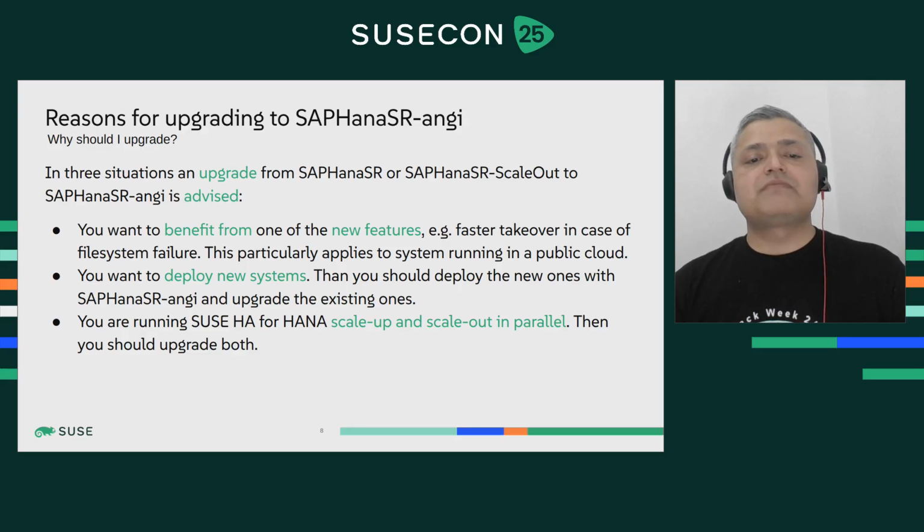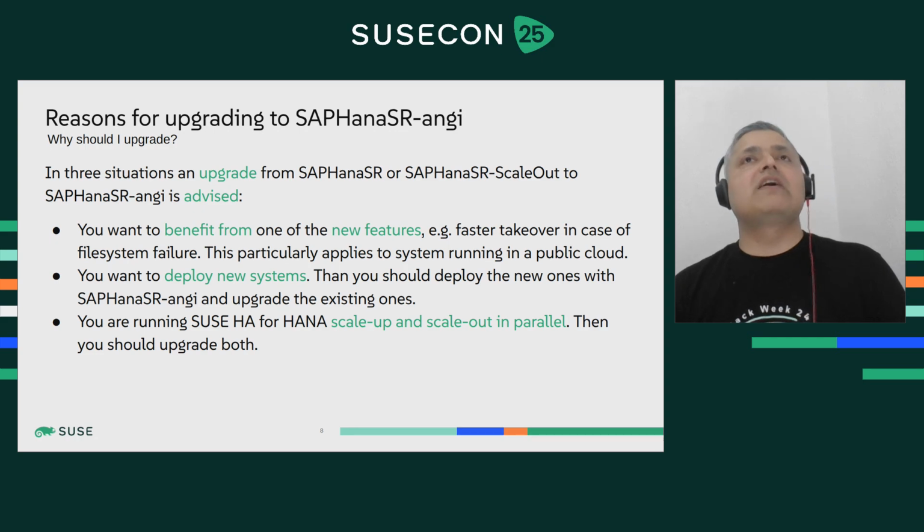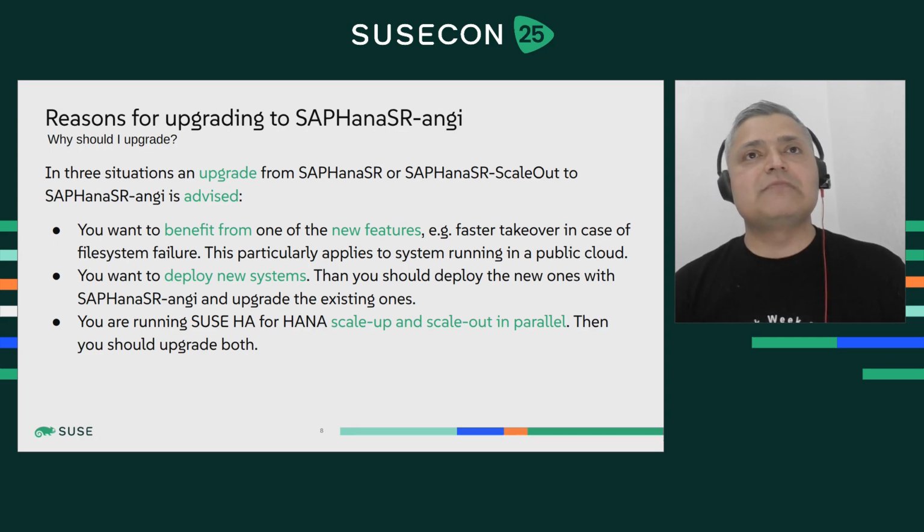And if you are running both the scale up and scale out in parallel, then also it makes sense to upgrade both, because in case of scale up and scale out, there are two different packages, and different packages require different maintenance procedures and different configurations.